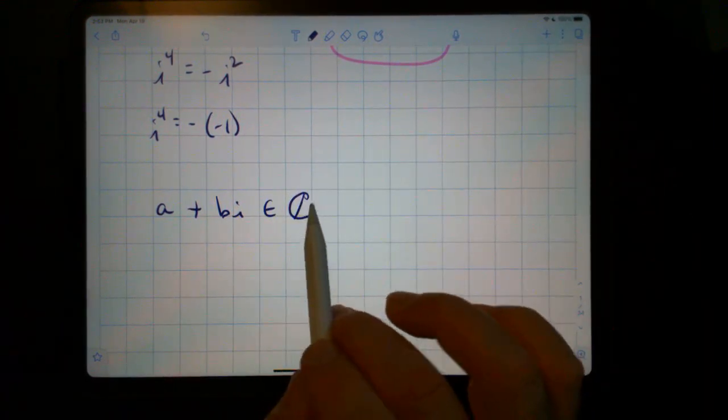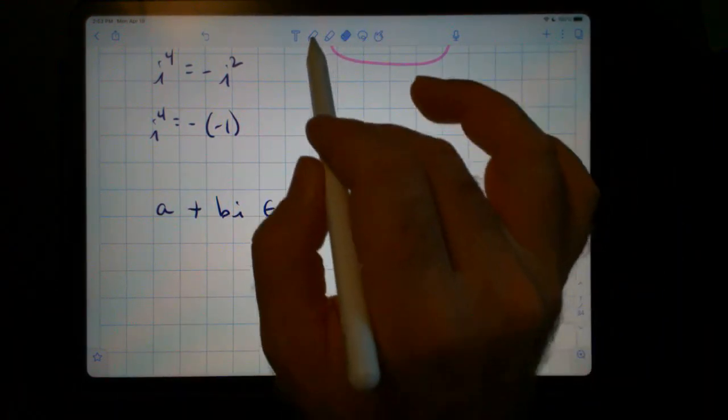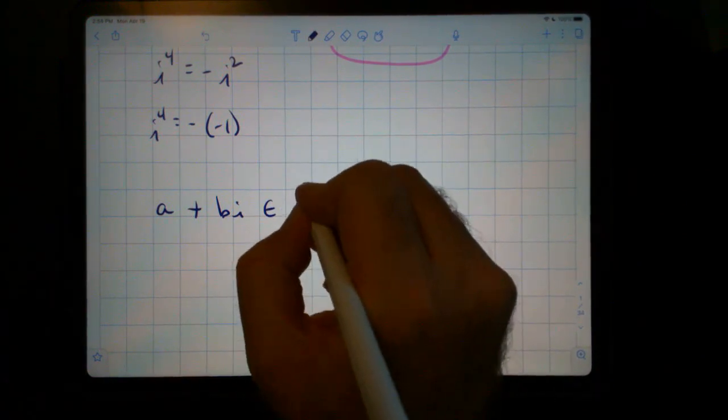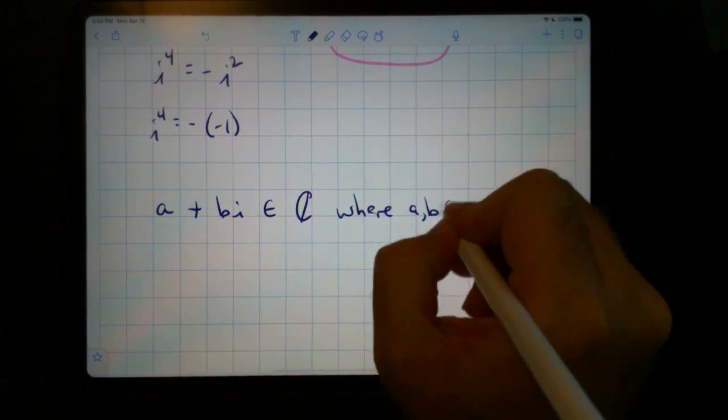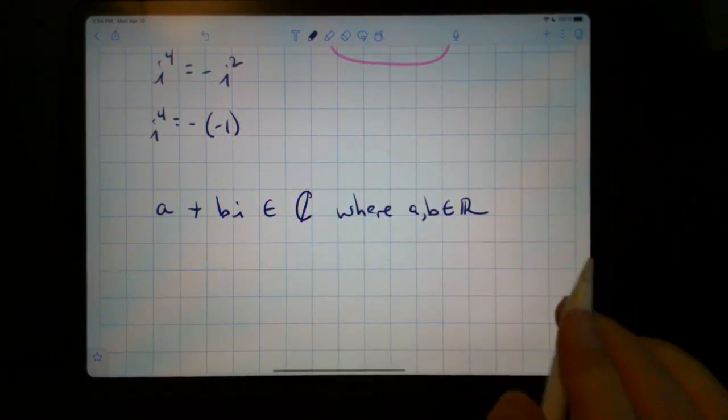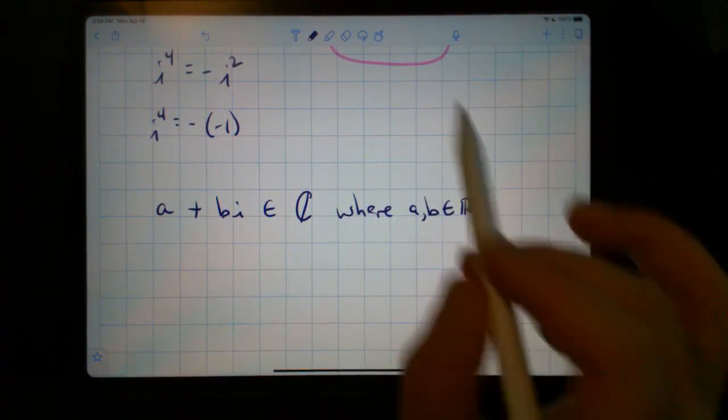The complex numbers are shown as a boldface C, and this is where a and b are elements of the reals.